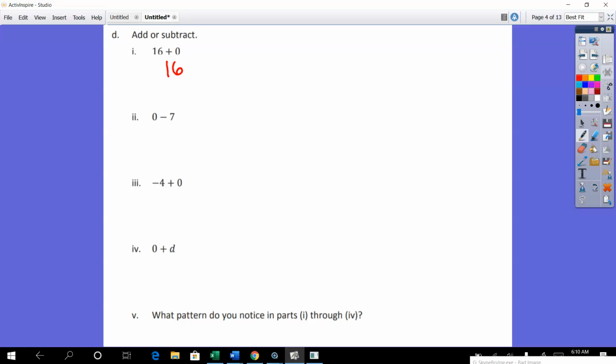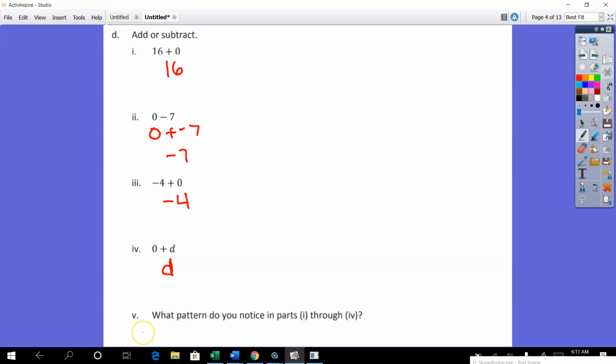Right here we have subtraction, so we will rewrite it 0 plus a -7, which is a -7. -4 plus 0, -4. 0 plus D is D. So what patterns do you notice here? We have 0 every single time, and every time we have that 0, it is equal to the value of that quantity.